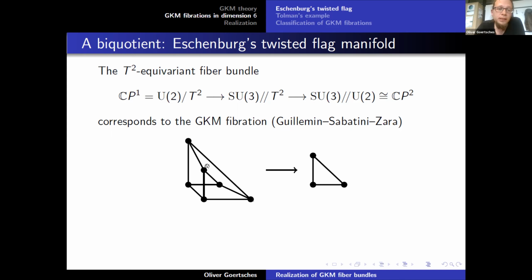It's a map on vertices, first of all. We have 3 pairs of vertices that are mapped to 1 vertex each. And at each vertex in the total space, I have two edges that correspond uniquely to edges in the base, and they have precisely the same slope, meaning in the sense of GKM theory, they have the same labeling.